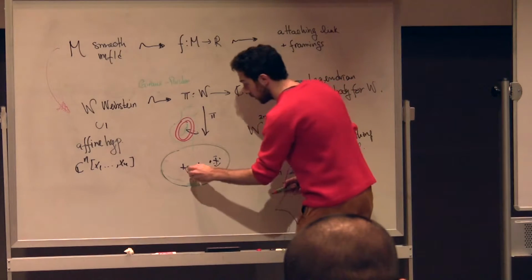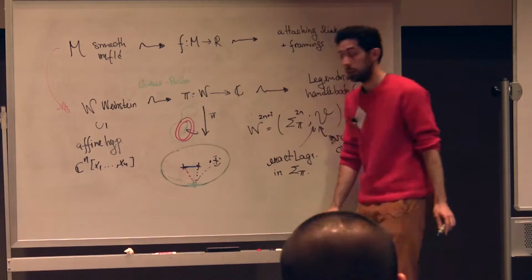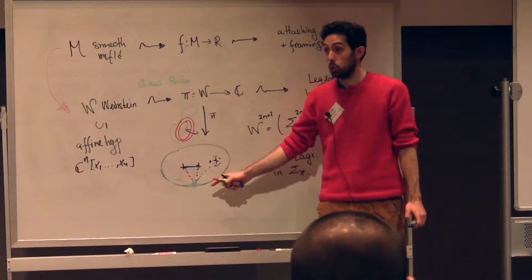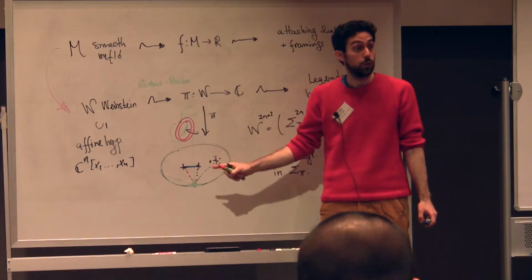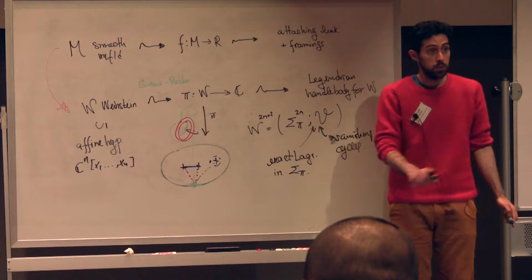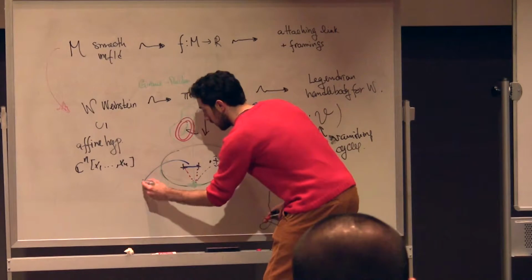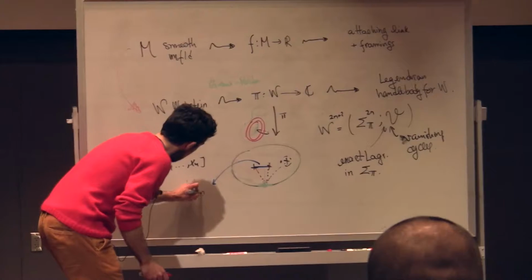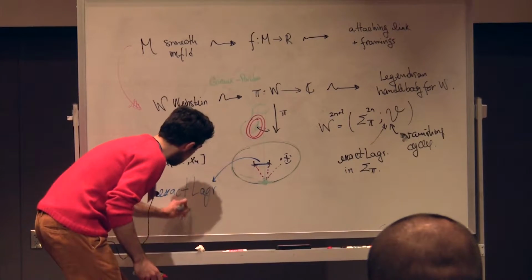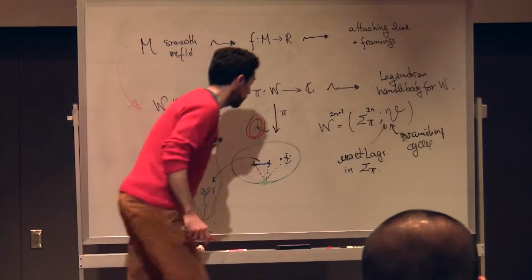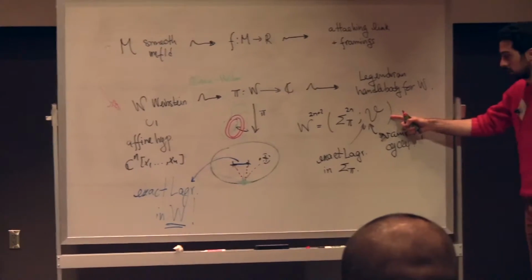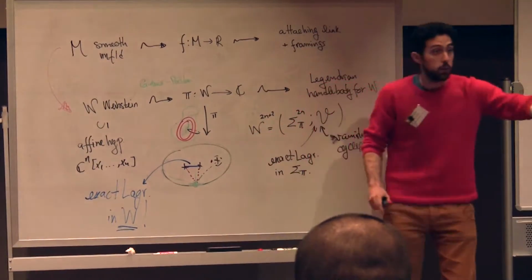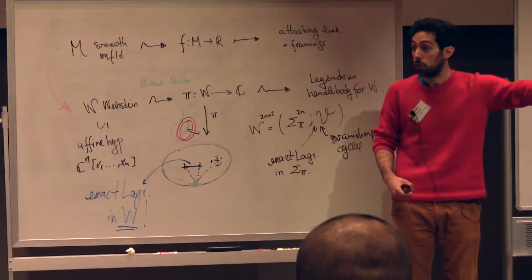Then I can consider this interval in here, and this blue interval lifts upstairs to an exact Lagrangian sphere in W. Okay, so this lifts to an exact Lagrangian sphere, and now please note the difference in W. Vanishing cycles were the spheres on the fiber that did contract when you go to a critical point.